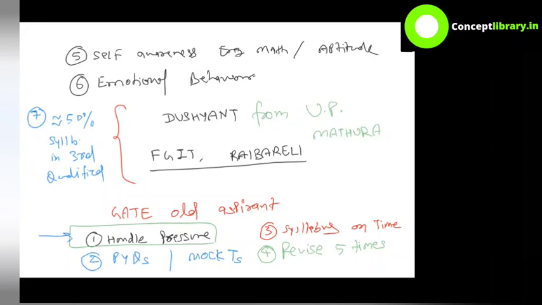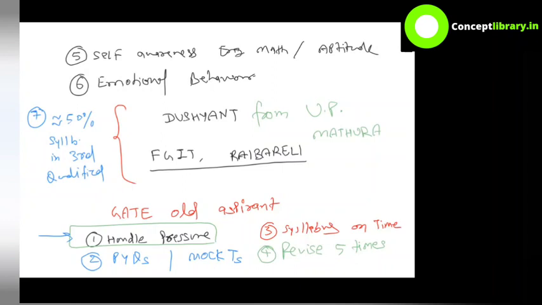Sir, in my opinion, first of all, you should be ready for all conditions: the paper is easy, medium, very tough, conceptual, or tricky. Your mind should already be ready for that situation. Prepare yourself that you will score 90 plus, and that if the paper is tough, you will still get 40 plus or 50 plus, according to the condition.